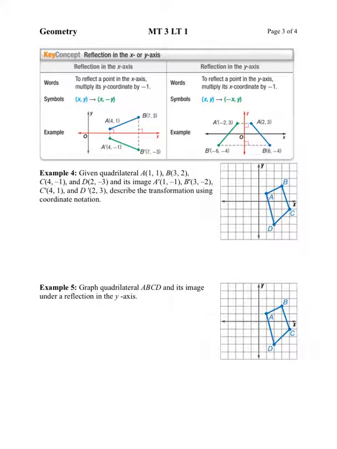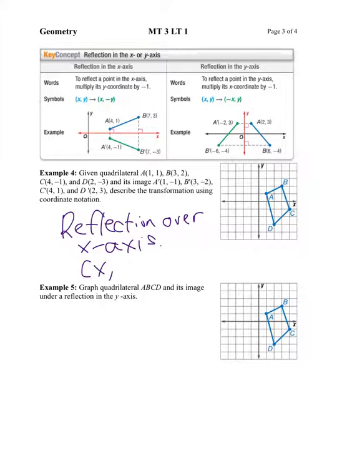Well, that's a reflection over the x-axis. And if we want to put this in coordinate notation, just like it says in the box above, (x, y) becomes (x, -y).